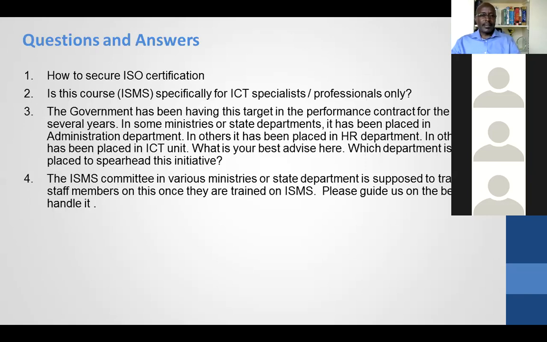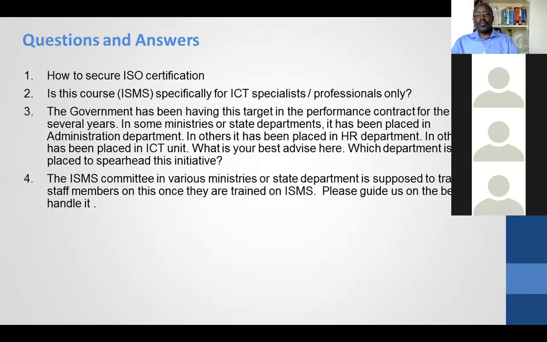So in some places, this person is saying the ISMS is placed in the HR department, others in the ICT department. My advice here would be, it is best placed in the ICT unit. The reason being that the majority of the content here is about IT and information security. So even the majority of the controls are IT related. So it is best to have this in the ICT unit.